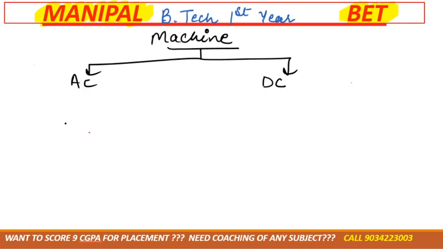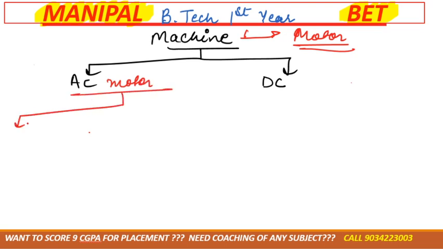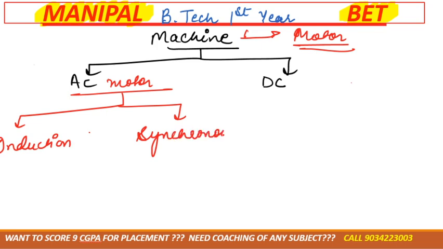And one is the DC machine. The machine can be a generator or a motor, correct? Or another category. One is the induction motor and another is the synchronous motor. Synchronous motor is not mentioned in the FE syllabus earlier.